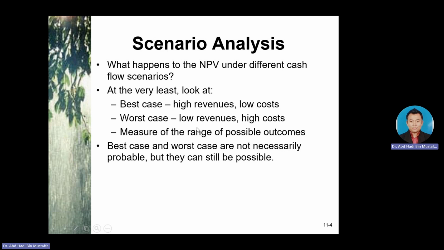But in the worst case scenario, the company tends to have minimized revenue and lower income, but somehow has to pay a high cost. That one is the worst case scenario. But of course, you want to aim for the best.